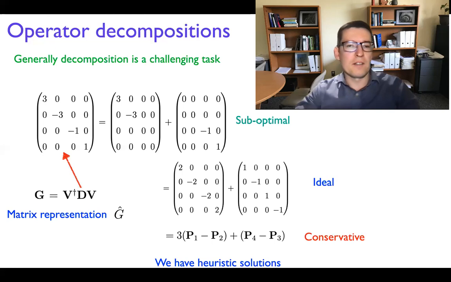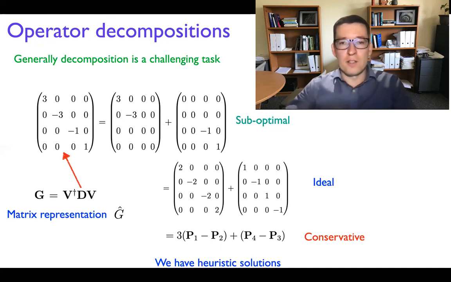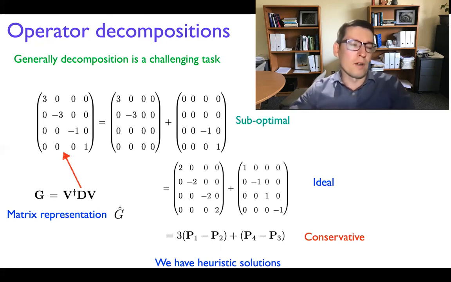All right, here's some illustration of the decomposition, and also how the ideal and conservative cases can work. Generally, decomposition of the generator into operators with a low number of eigenvalues is a challenging task. Here's why. You can try to do this by first representing the generator as a matrix in some subspace.